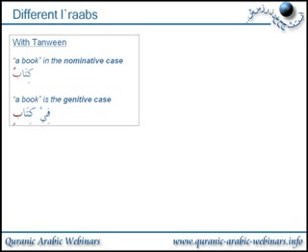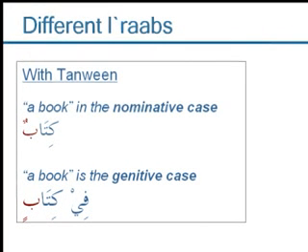Now, there are different i'rabs and the way they can be used. One of them is the tanween. So here we have a word kitab, which means a book, but we've got kitabun, and down the bottom we've got fi kitabin. So the first one, kitabun, is in the nominative case. So in that case, kitabun is not an object.